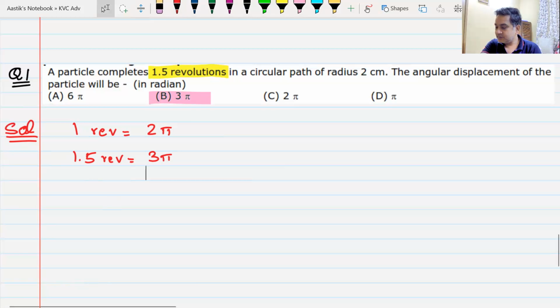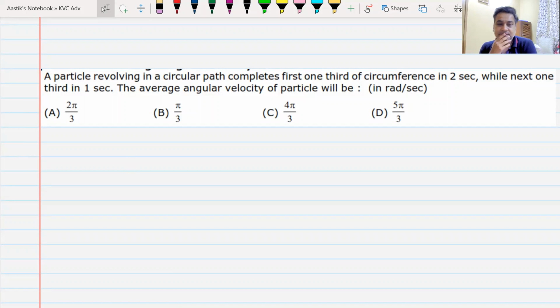A particle revolving in a circular path completes the first 1/3 of the circumference in 2 seconds, while the next 1/3 in 1 second. What is the average angular velocity?